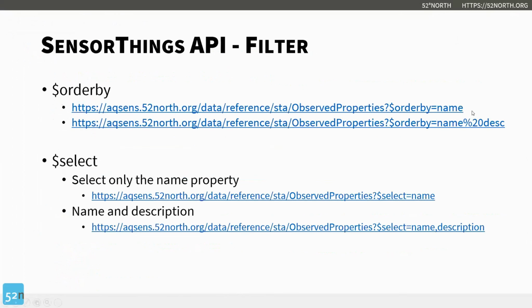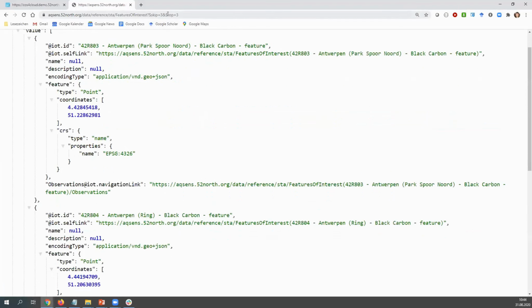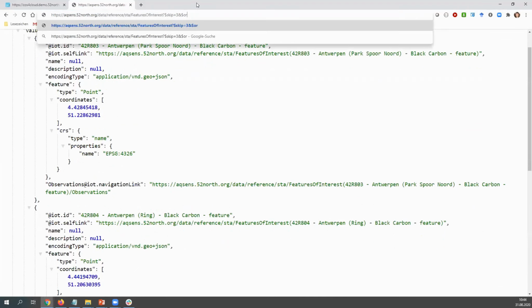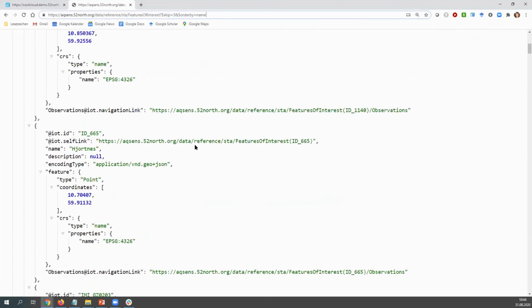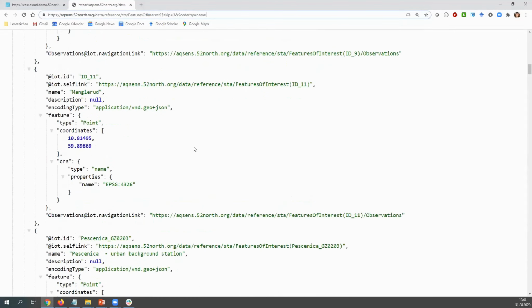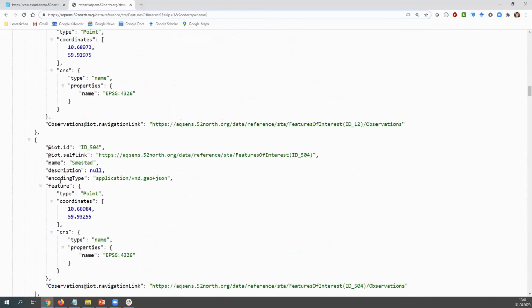Another option is to order the stations, like order by name. We will also try this here. Order by name. Yes, somehow it's ordering.